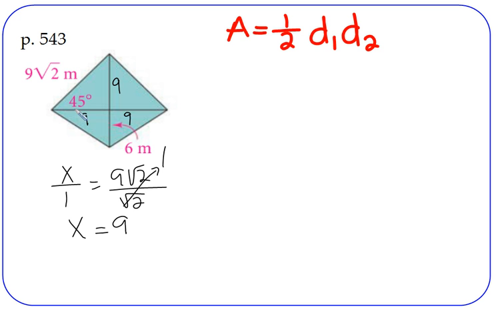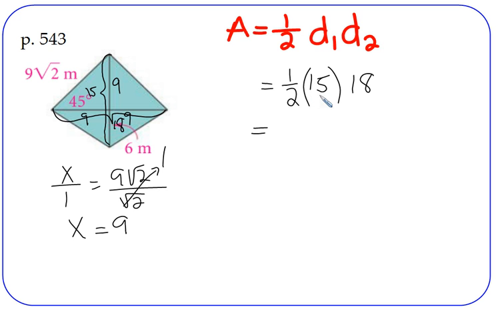So I need the distance from here to here, that's 6 and 9, so that would be 15. And the distance from here to here, that's 9 and 9, that would be 18. So my diagonals, one of them, again we said this one and this one, that would be 15. And the second diagonal is 18.